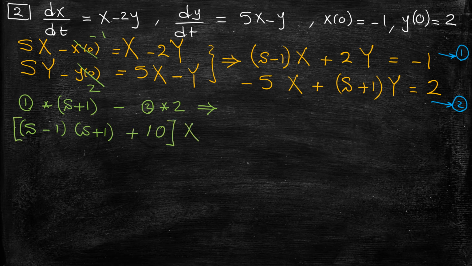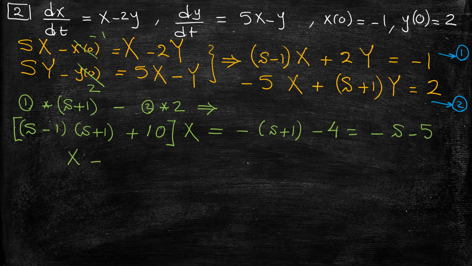This is the coefficient of X. The coefficient of Y will cancel out, so this will be 0. The other term will be minus s plus 1, and this one multiplied by 2 will be minus 4. So this is nothing but minus s minus 5.